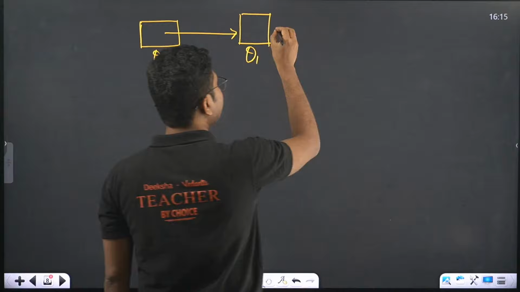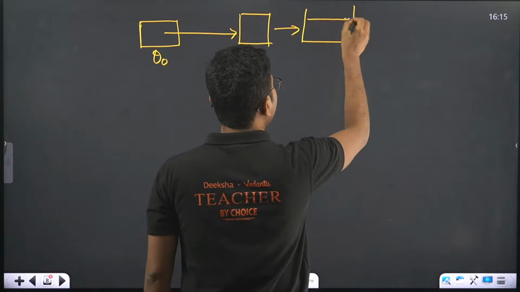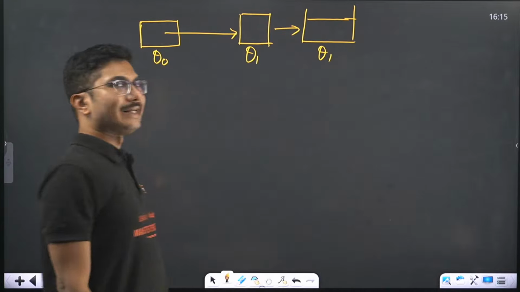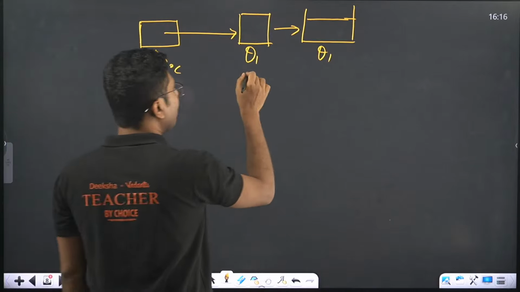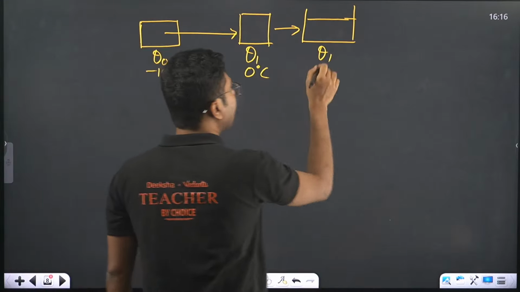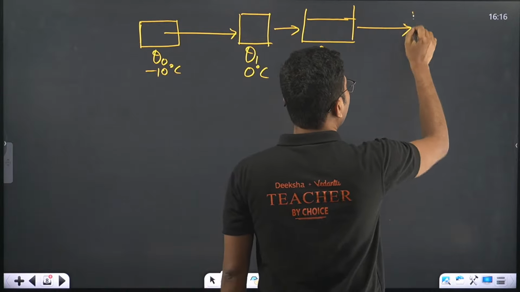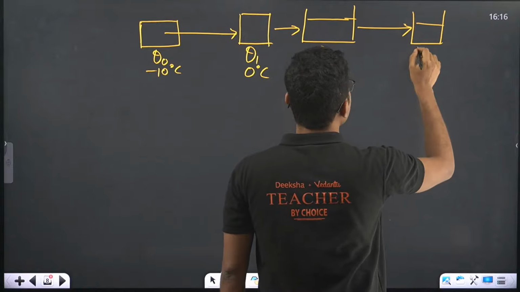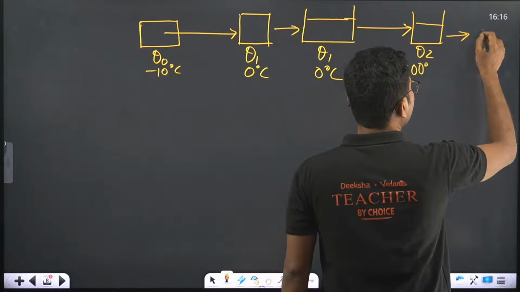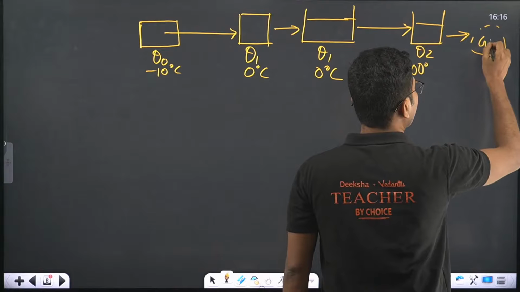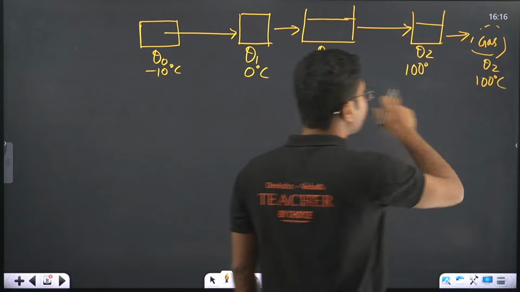After this state it becomes a liquid at temperature theta 1. So basically it melted. For example, suppose you have water at minus 10 degrees Celsius. You brought it to 0 degrees Celsius, then it melted into water at 0 degrees Celsius. Then you heat it to theta 2, which is say 100 degrees Celsius, and finally you vaporize it into gas at theta 2, that is 100 degrees Celsius. So this is the process which is happening over here.